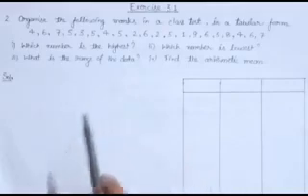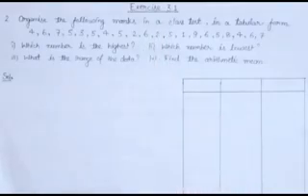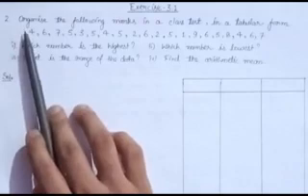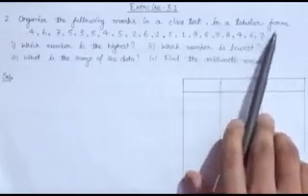Now students, we will solve exercise 3.1, which is based on mean and range of a data. So let us see. Our first question is: organize the following marks in a class test in tabular form.